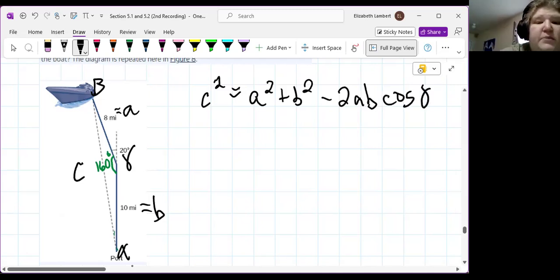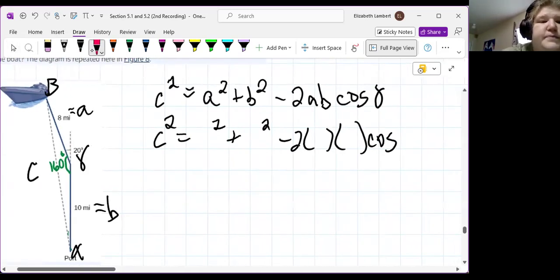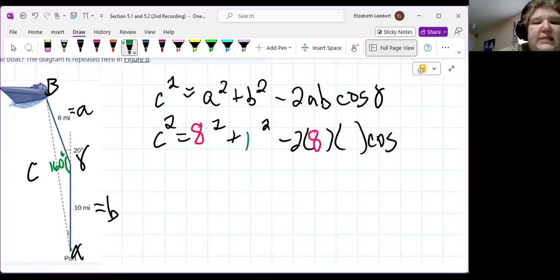And we got small numbers. So A is 8, B is 10, and gamma is 160.